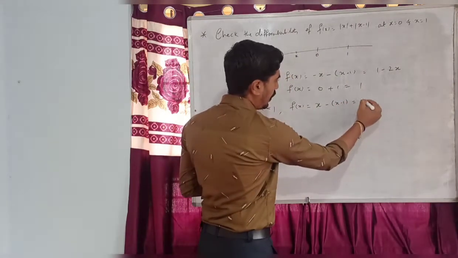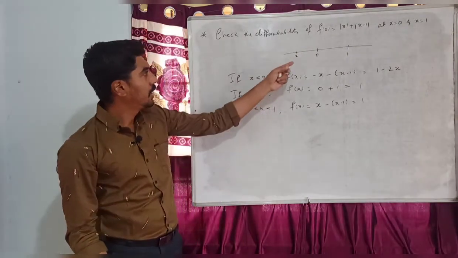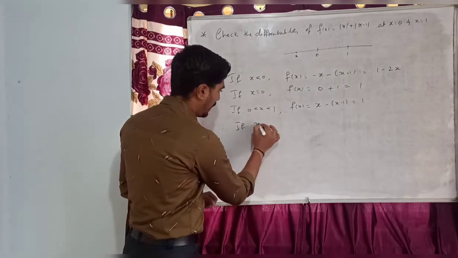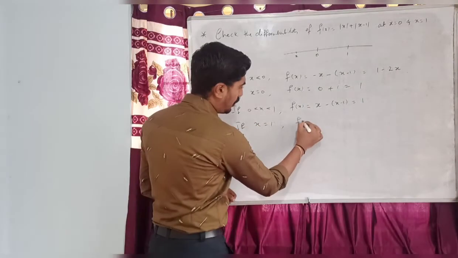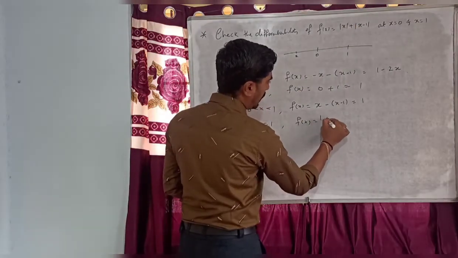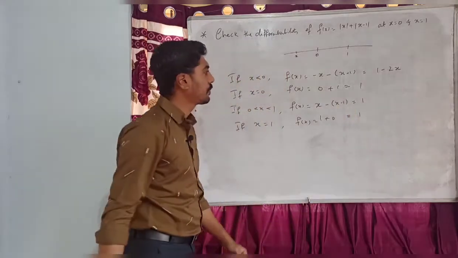So I get here 1. Now let me check the value of this function at x equal to 1. If x is equal to 1, then f of x is defined as mod 1 is 1 plus 1 minus 1 will be equal to 0. So I get here 1.